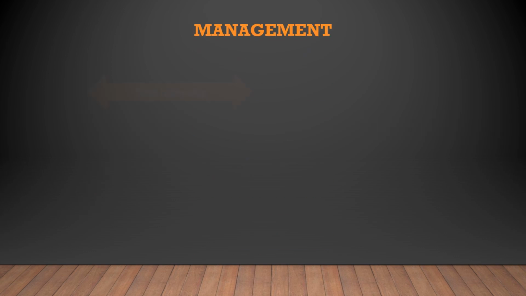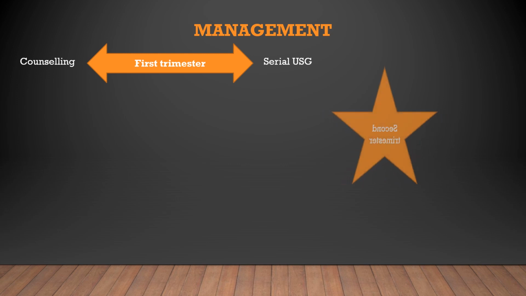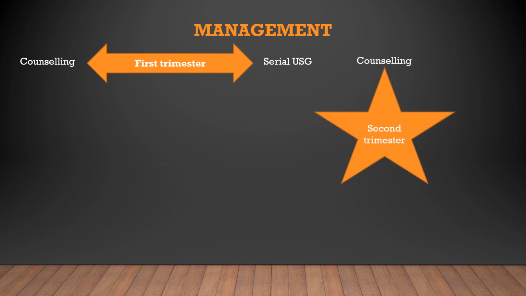Next is management. In the first trimester, counseling and serial USG to rule out high risk. Then in the second trimester, counseling, amnio infusion, serial USG, exclude preterm pre-rupture of membrane, and termination of the pregnancy as needed.